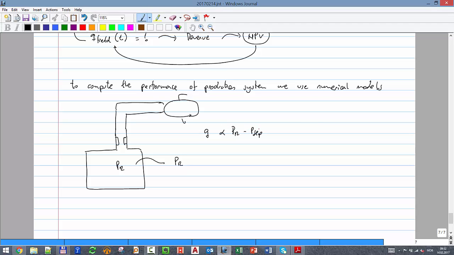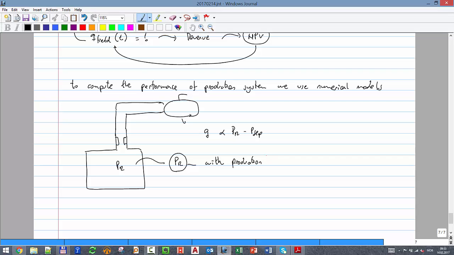So if I reduce the pressure at the reservoir, I will produce less and less. So one part of the model is really to capture how the pressure in the reservoir is reducing with time with production, the behavior of PR with production.